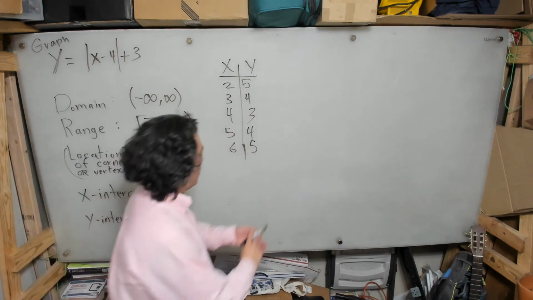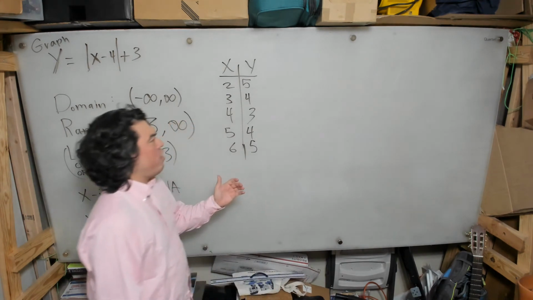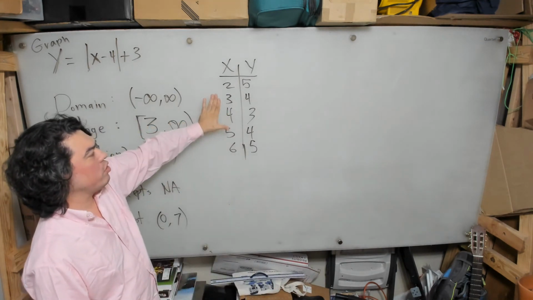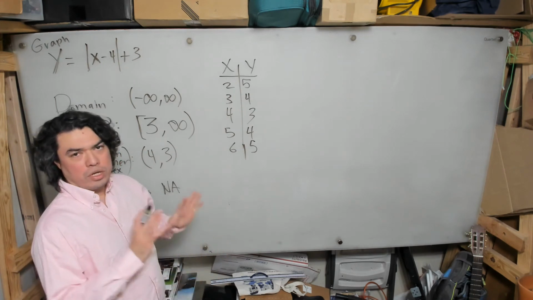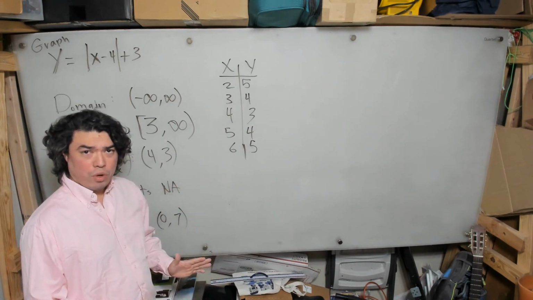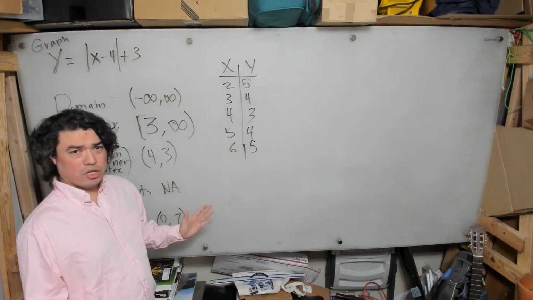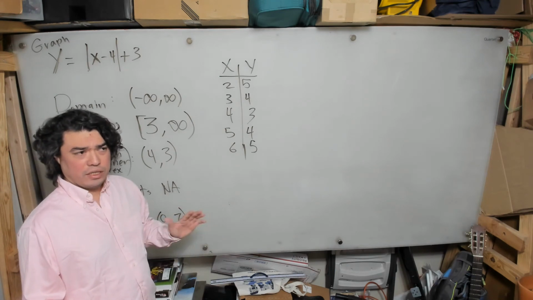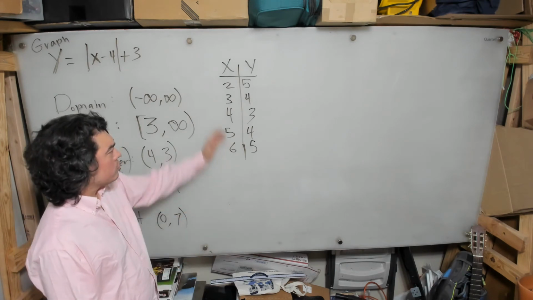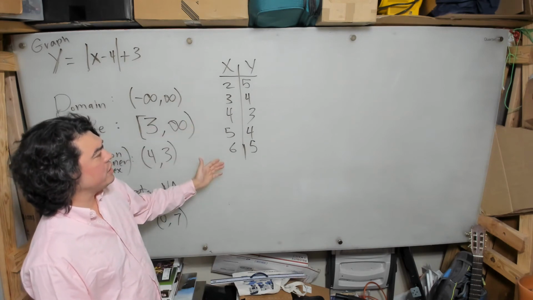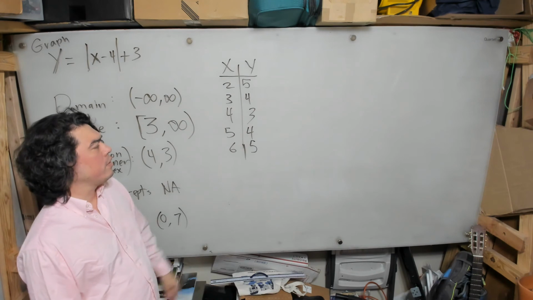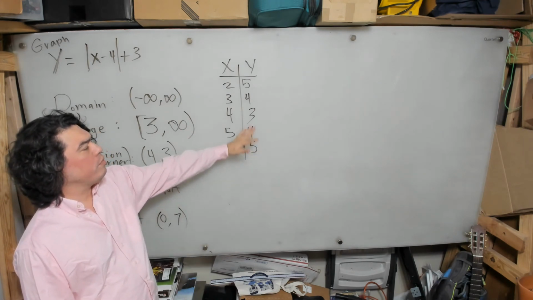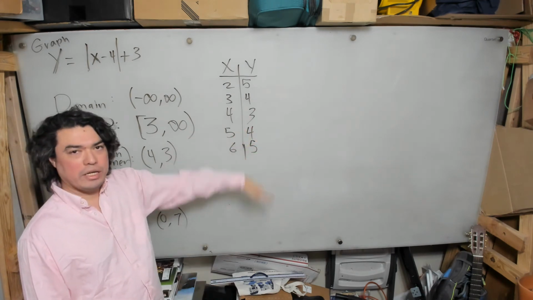Now, whenever you draw a graph paper, I want you to take a look at your x values and your y values so that you can draw enough of the graph paper to show what you want, but not too much so that your graph looks like a sideshow or something. Here I have x going from 2 to 6, so I don't have to even draw any negative x values. Here my y goes from 3 to 5, so I don't have to draw any negative y values.